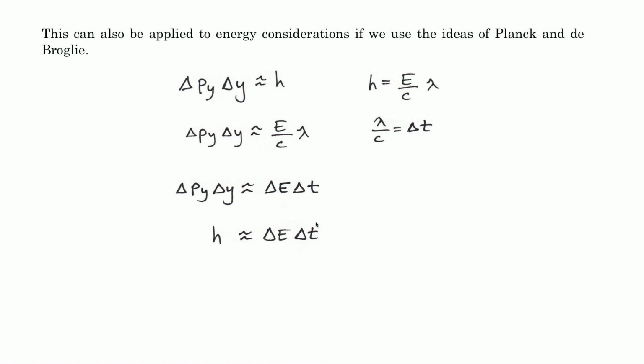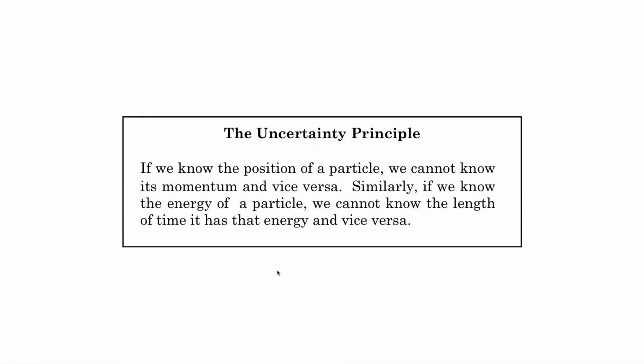So we can rearrange and then rewrite our uncertainty principle as: the uncertainty in the energy of a particle times the uncertainty in the time the particle has that energy is always greater than or equal to h bar. So here it is. This is the uncertainty principle. If we know the position of a particle precisely, then we can't know its momentum precisely, and vice versa.